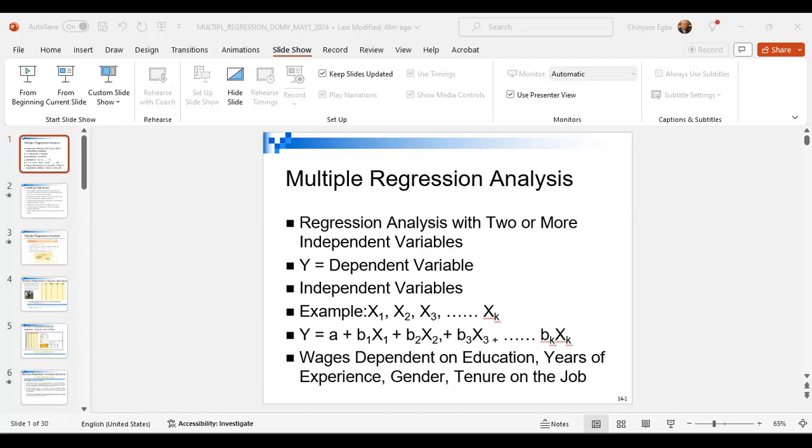And here we're going to use an illustration that wages depend on years of education, gender, and tenure on the job. So that will be the model. But you can see here very simply that y is a function of two or more independent variables. All right.